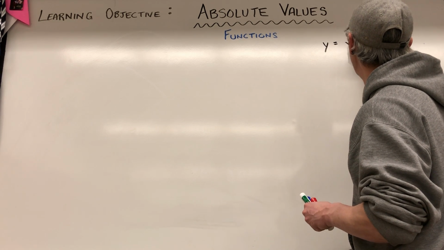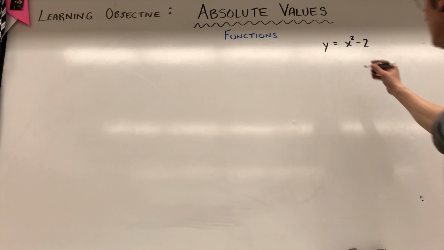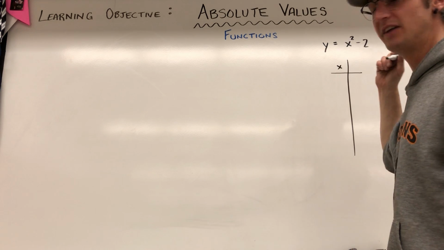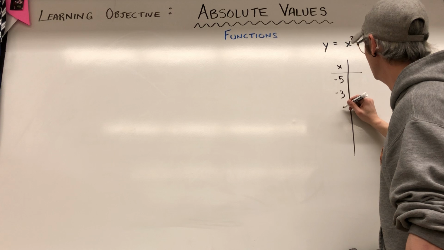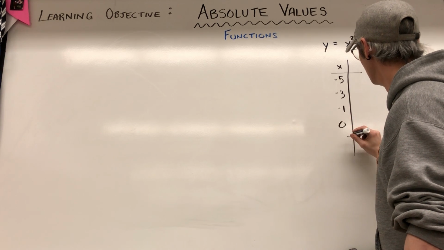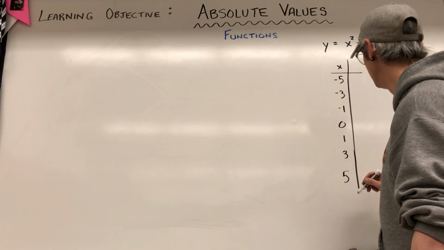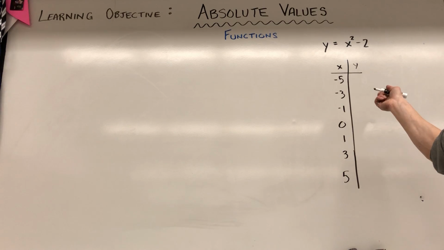Let's say I had x squared minus 2. That's my function. If I were to graph this, for some specific x's I'll use -5, -3, -1, 0, 1, 3, 5. I'm just choosing some x's as inputs, and I'm going to see what it spits out for y. Then these will be my coordinates that I can graph.